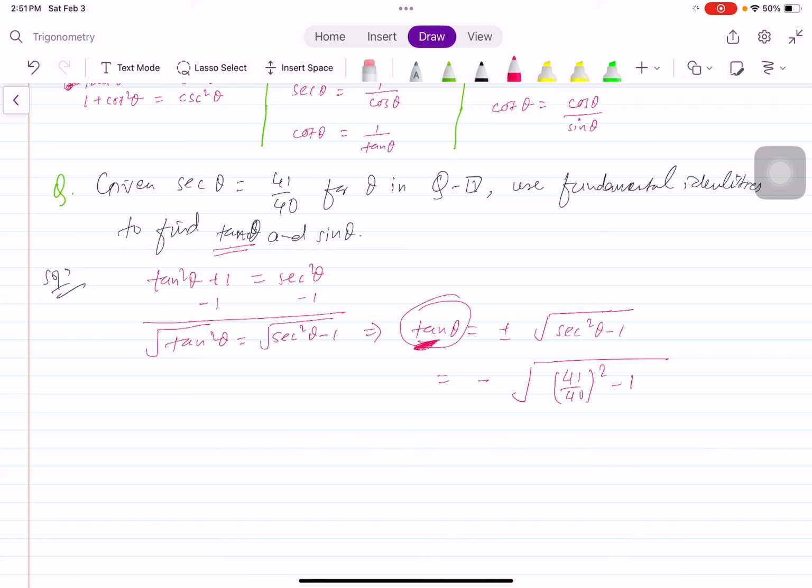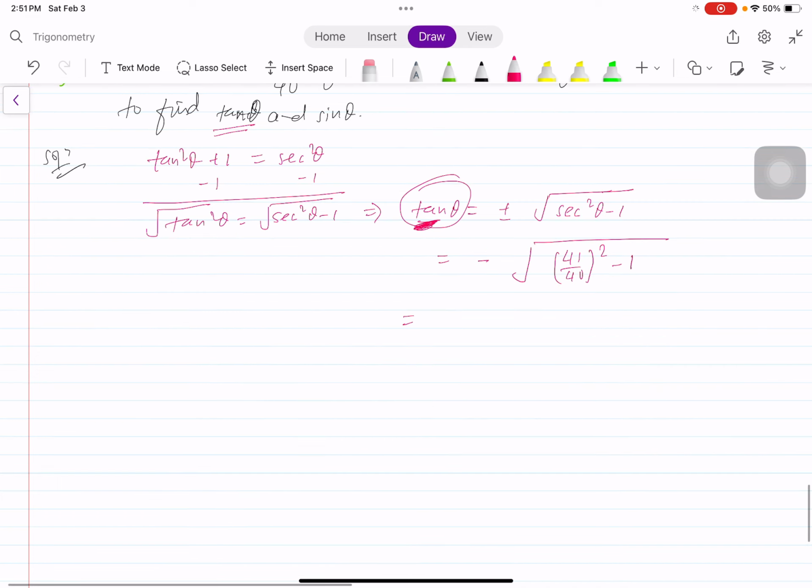Now I strongly recommend not to use a calculator for this one. However, you may use a calculator to find the values of 41 squared and 40 squared separately, but do not directly plug in all these numbers.